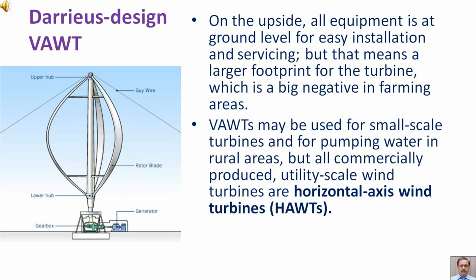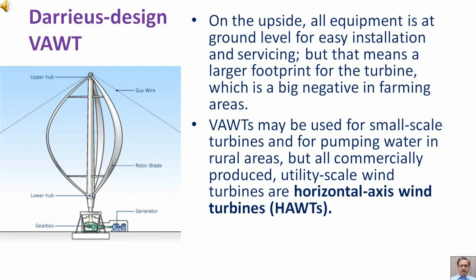On the upside, all equipment is at ground level for easy installation and servicing, but that means a larger footprint for the turbine, which is a big negative in farming areas.